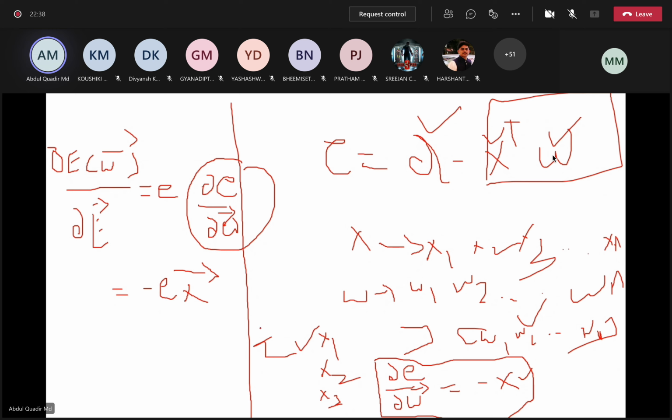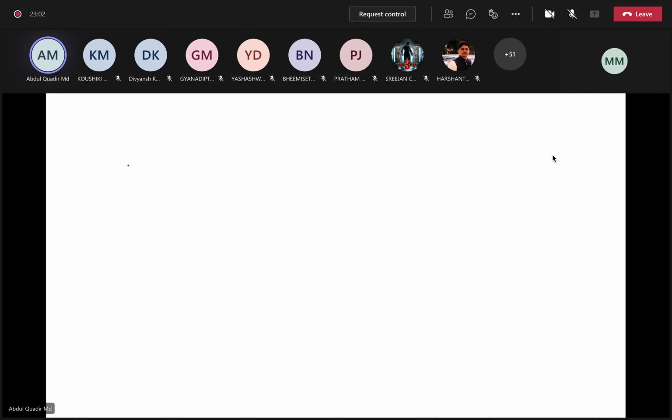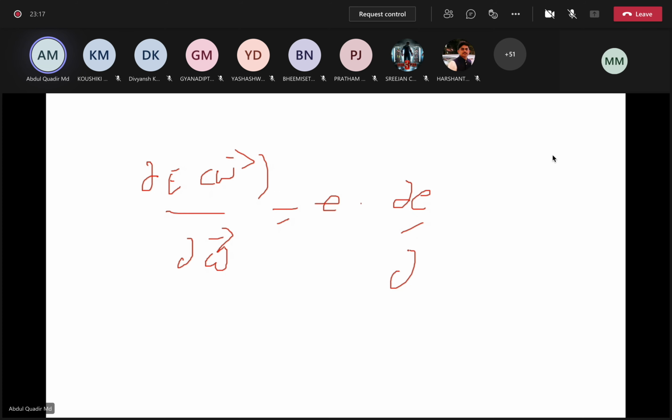So to calculate the approximate gradient descent, we need to calculate the E vector, right? Which has E1, E2, E3 till En. So how do I write that? dou E by dou W vector equal to E into dou E by dou W vector equal to minus Ex.